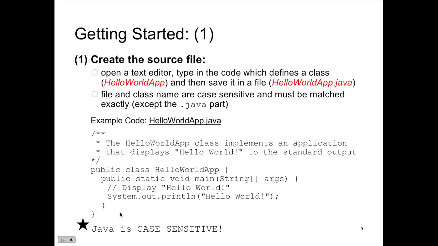Cut and paste this stuff and put it in the file. You have to save the file with the .java extension, and the name of the file has to match the class, and it's case sensitive. So if you've capitalized the H in hello, the file has to have it capitalized as well when you save this.